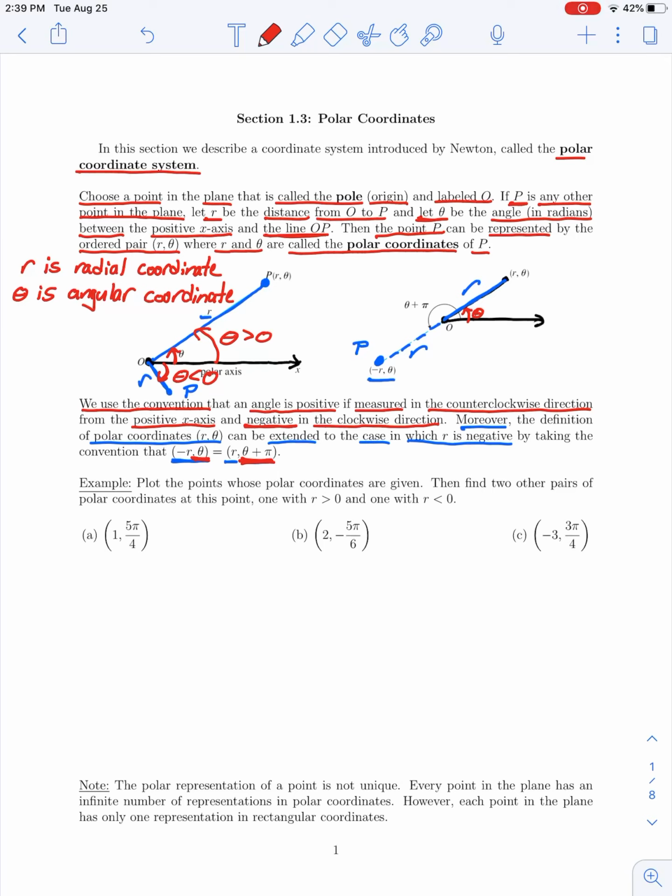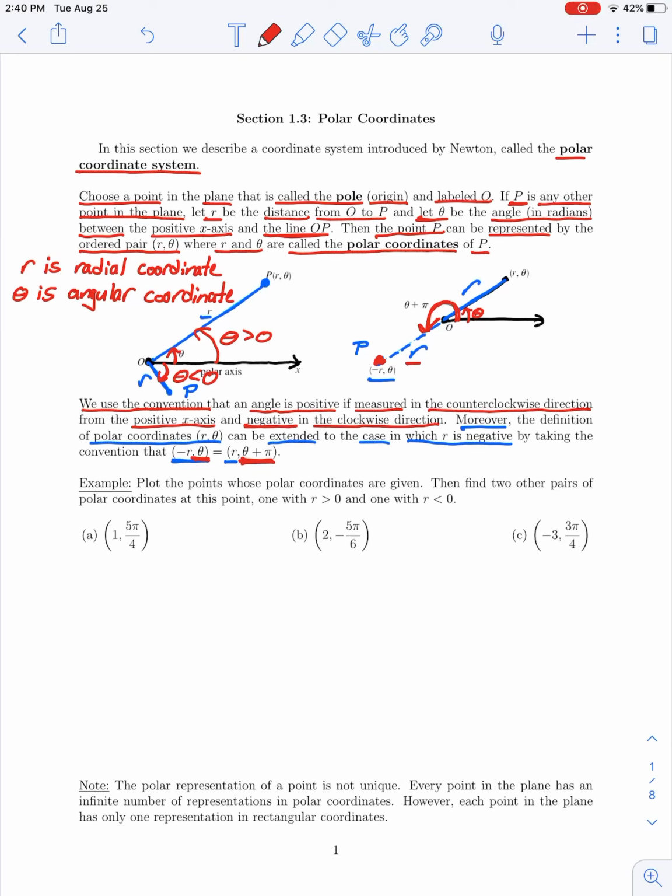So we rotate an additional pi radians or 180 degrees, in which case r would be positive, and we can see that we get the same point as negative r, theta. So a couple of ways to think about that case where we have a negative radial coordinate.